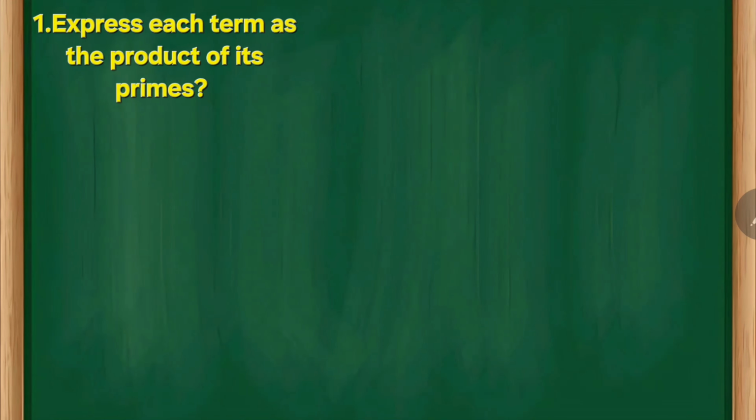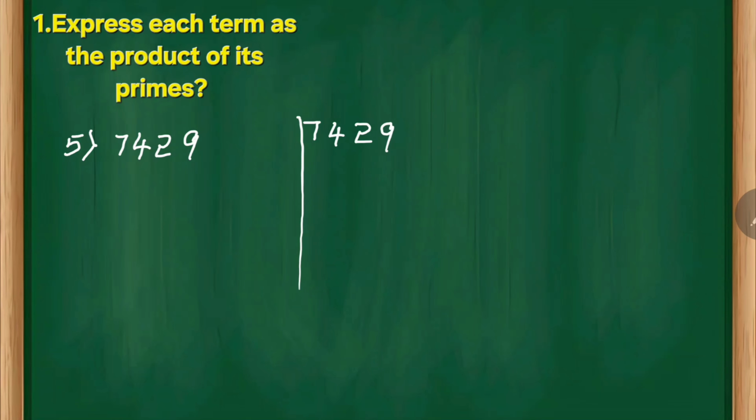Next, final and the fifth question of exercise 1.1 question number 1 is 7429. It can be divided by the prime number 17.